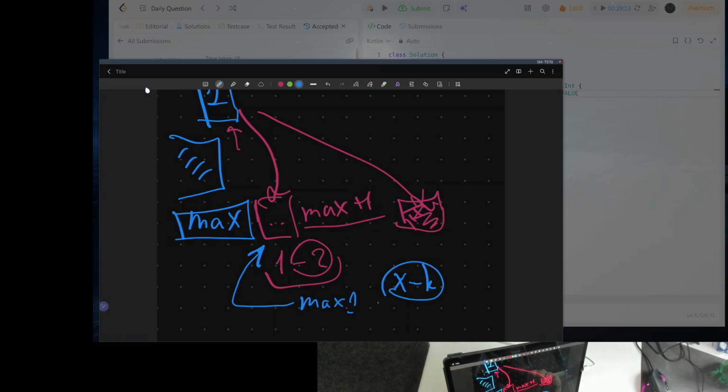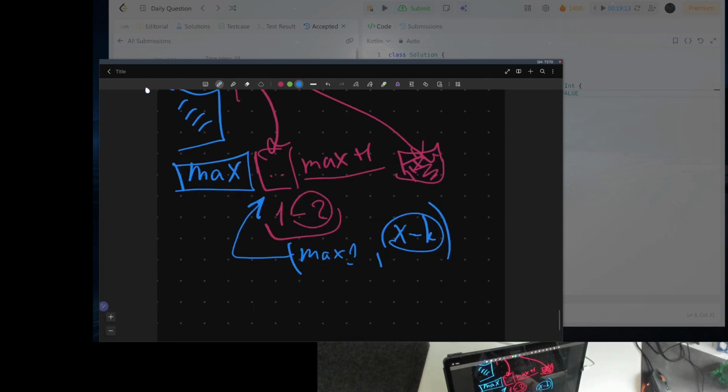This is the minimum. So we choose between these two, and we update this maximum value so no other values intersect it. So the max is equal to max plus 1 or x minus k, and we choose the maximum between them.